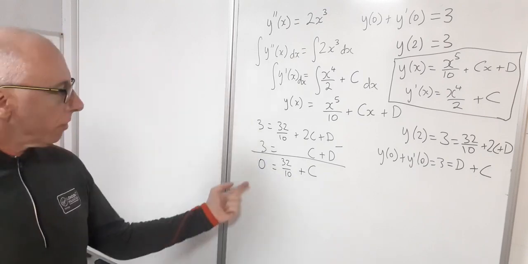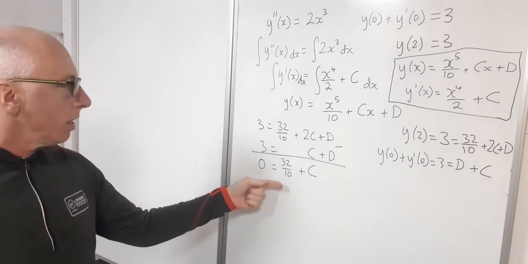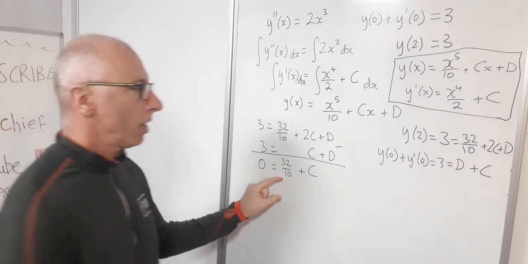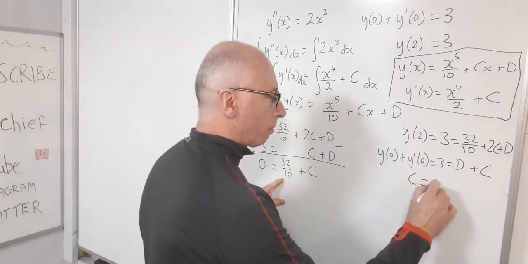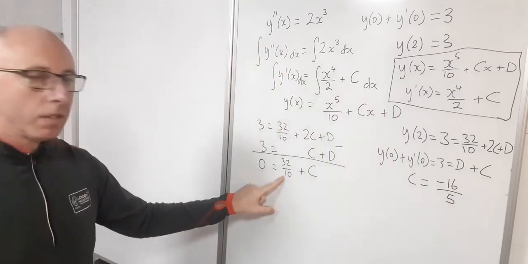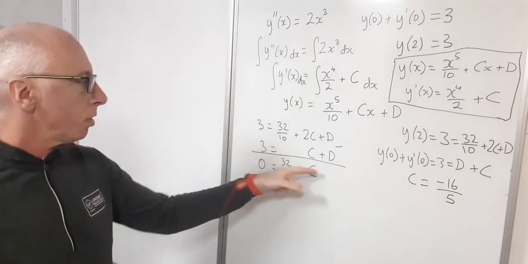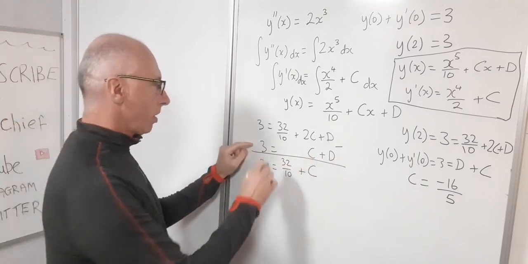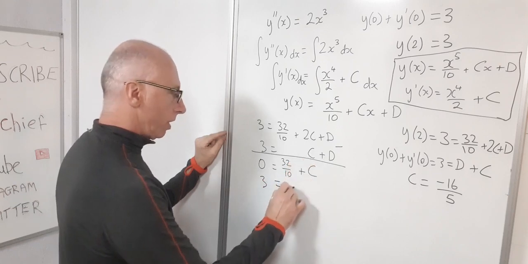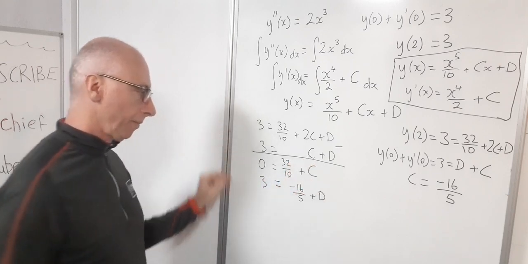Okay, so straightforward now. c must equal minus 32 over 10, which we can simplify down to minus 16 over 5. So c equals minus 16 over 5. Now to find d, I could just plug my c in here. So 3 equals minus 16 over 5 plus d.